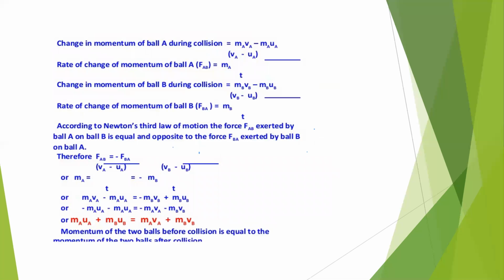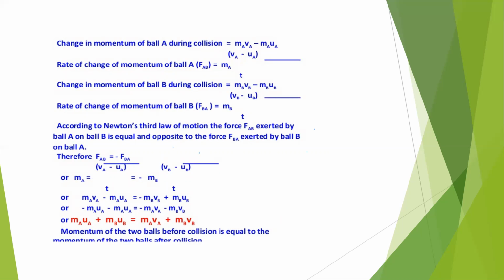So the change in momentum for ball A during this collision is MAVA minus MAUA. This is the change in momentum. Always, change is final momentum minus initial momentum.